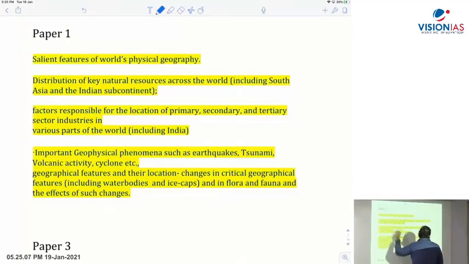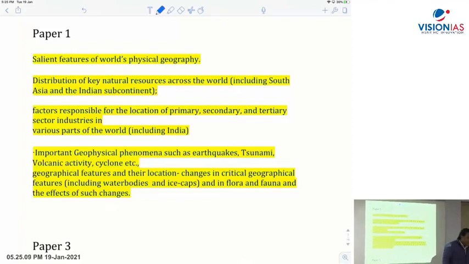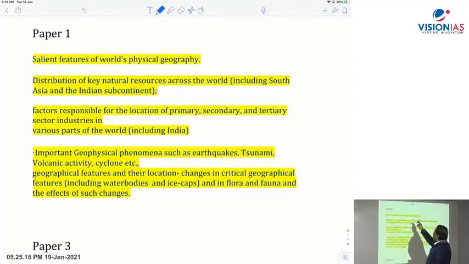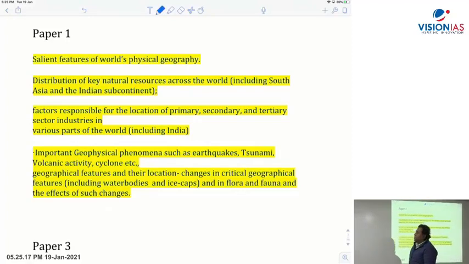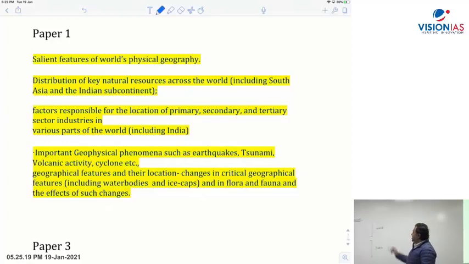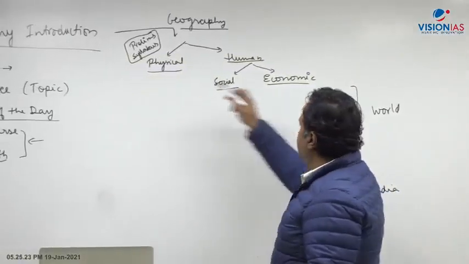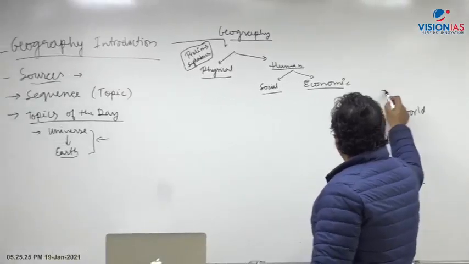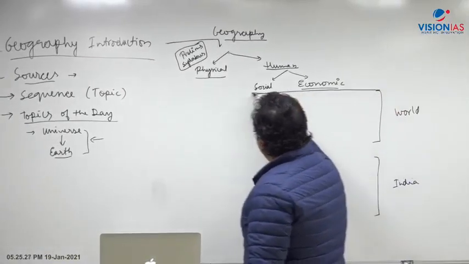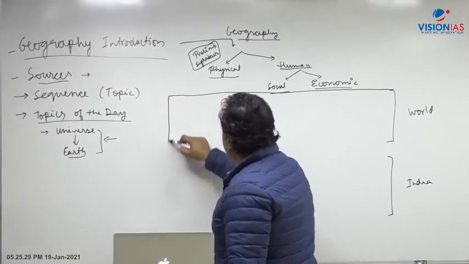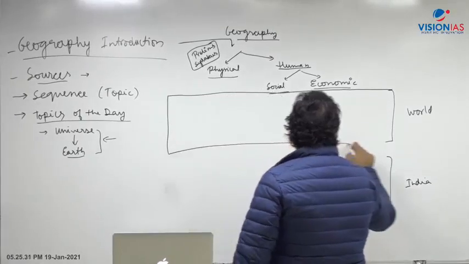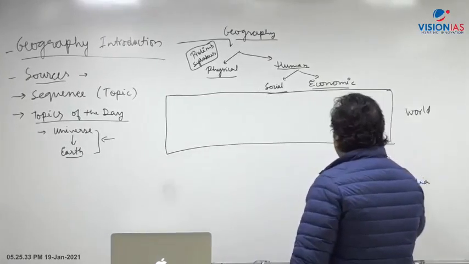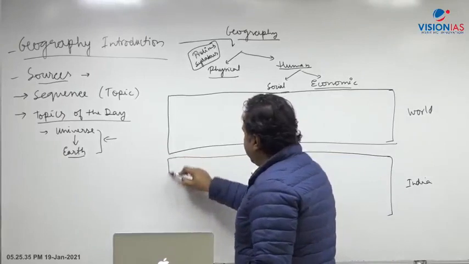So what does the main syllabus tell us? The main syllabus, if you see, says salient features of world physical geography. So that implies that when you talk of this world geography section, let us say this is the world geography section, and let us say this is the India geography section.